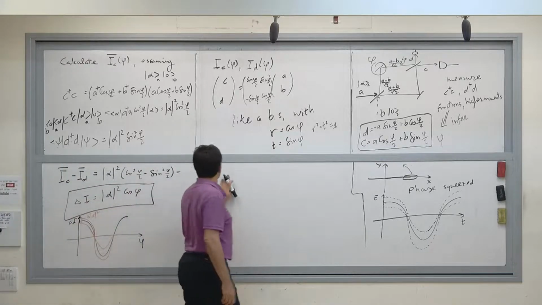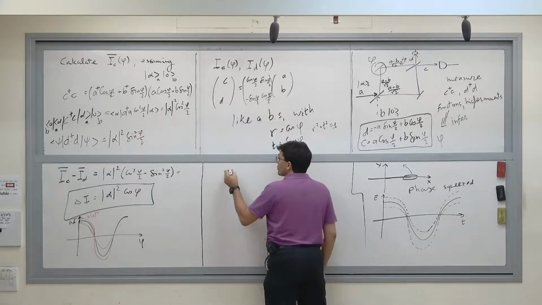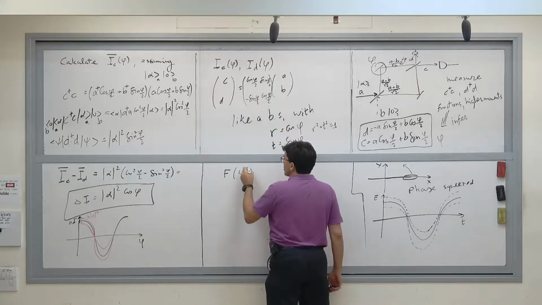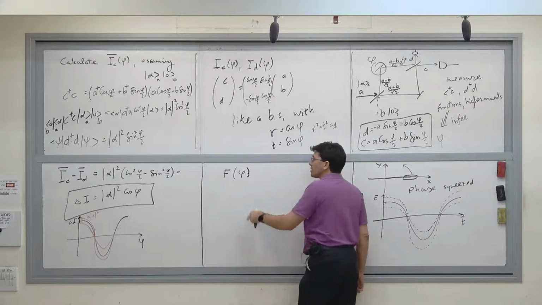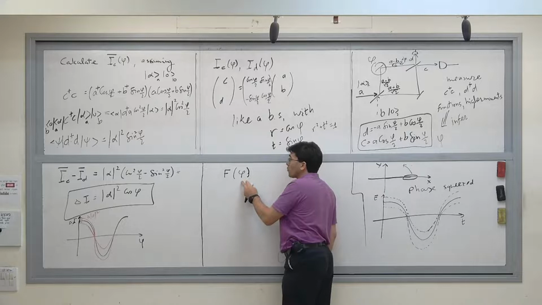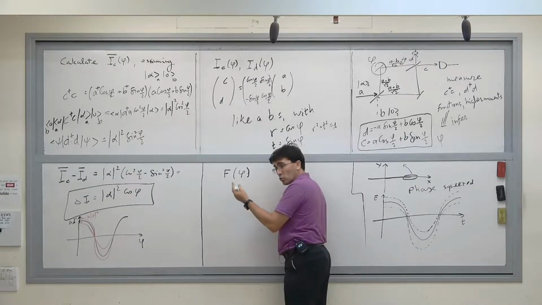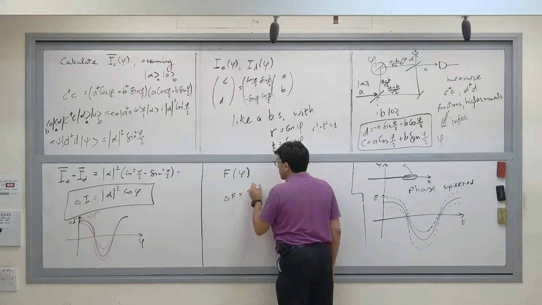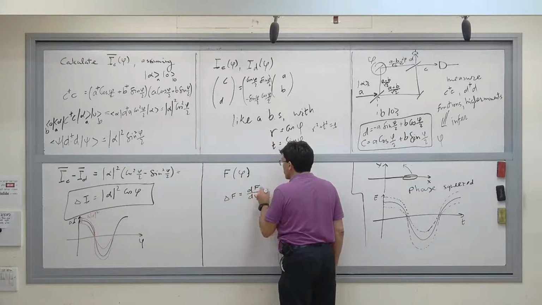If you have some function f that depends on some parameter phi, and you measure f and you want to estimate phi, then if f is fluctuating, this induces fluctuations in phi. According to what? Well, df over d phi. So delta f equals df over d phi times delta phi.